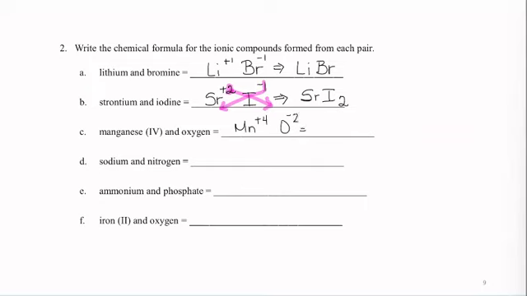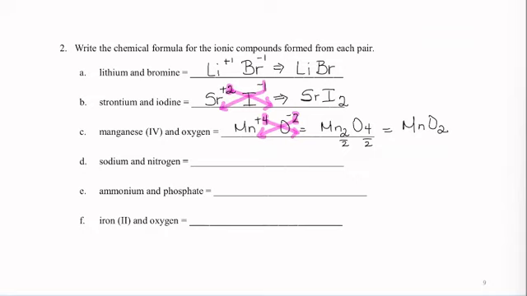At first, we're going to do Mn2O4. Remember, this 2 becomes the subscript of that, and this 4 becomes the subscript of this. Now, we are not done, because the 2 and the 4 are divisible by one another. So we divide both sides by 2. So that's why it's MnO2.